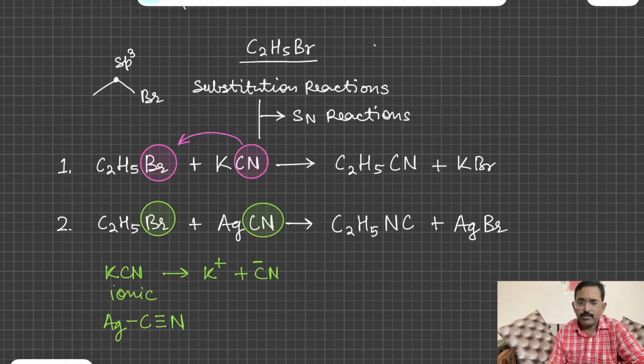Therefore, you can say that AgCN will be covalent in nature, and because of being covalent, there will be some partial charges available, and those partial charges will not come into action for reaction, and that is why the bonding site in case of attack of AgCN appears to be nitrogen. Therefore, it forms C2H5NC.